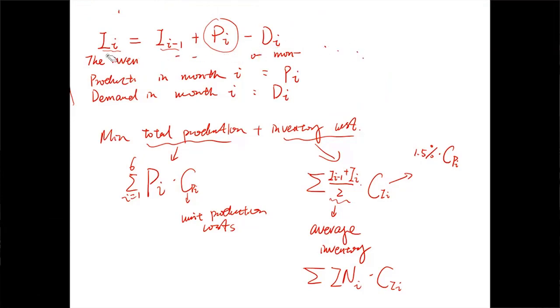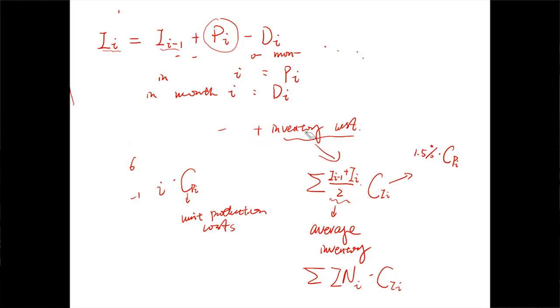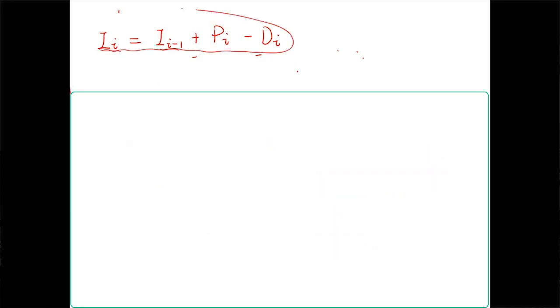Okay, so I'm going to leave just this part here. This formula defines the relationship between your beginning inventory, ending inventory, production, and the demand. So that's another formula that we need to include in your constraints. Even though it does not say that this has to be less than or equal to something, or greater than or equal to something, this defines the relationship between your variables. Without this formula, the model won't solve.